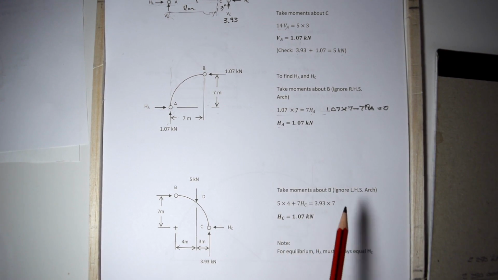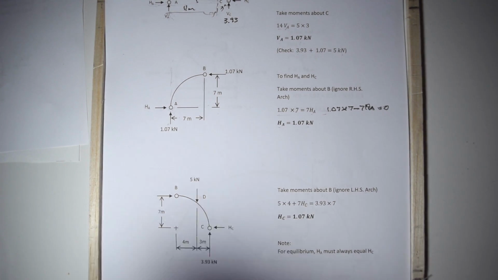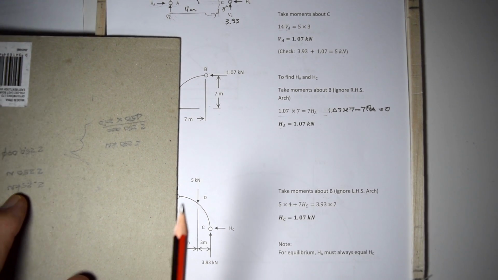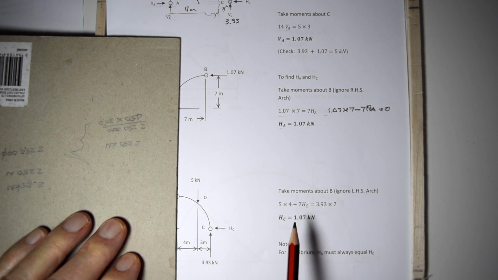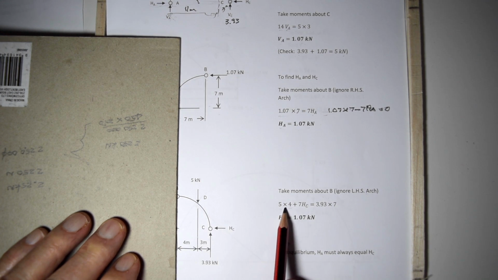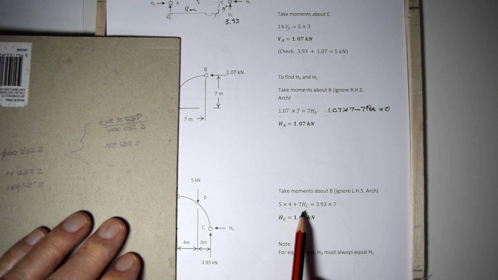We're going to take moments about B and ignoring the left hand side of the arch. So we're going to take moments around there now. And we've got 5 times 4 going clockwise, positive. 5 kilonewtons times 4 meters, horizontal distance, plus 7HC.